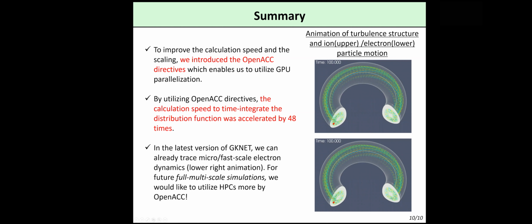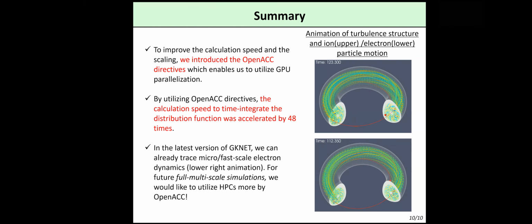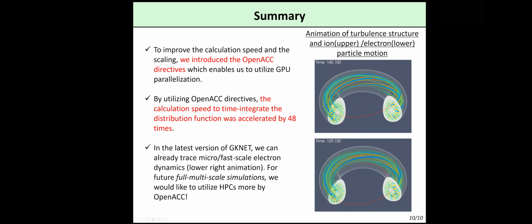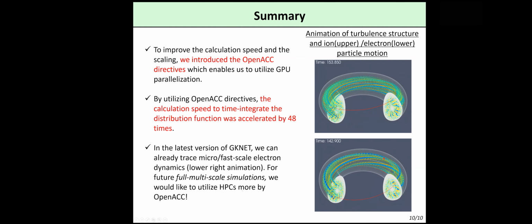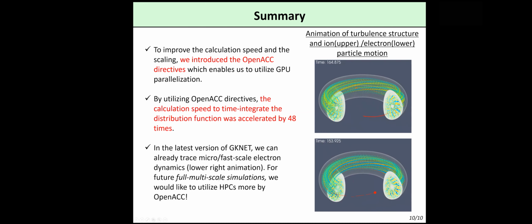And now, in the latest version of GKNET, we can already trace not only the relatively slow scale ion dynamics, but also the fast scale electron dynamics, which is necessary for multi-scale simulations. Full multi-scale simulation is not reached yet, but for future full multi-scale simulations, we would like to utilize HPCs more by utilizing OpenACC. Thank you very much for your attention.